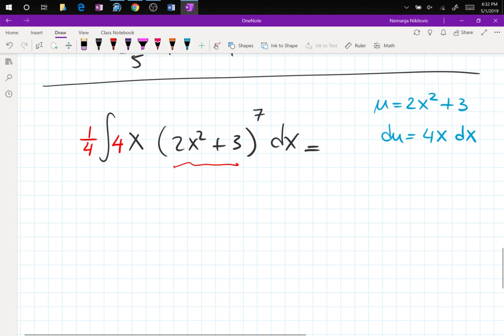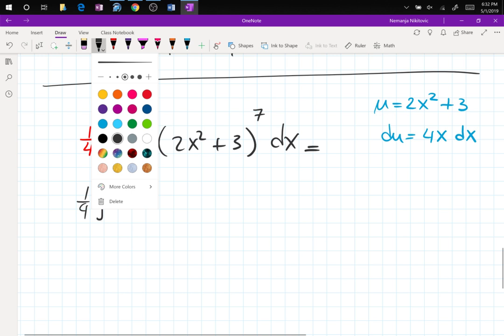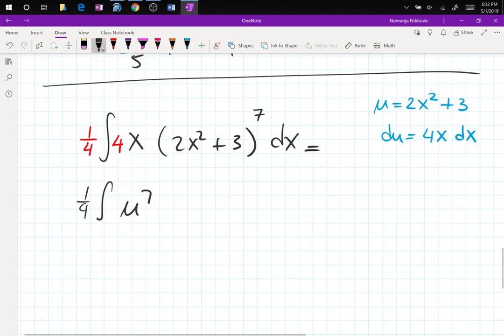When you take the derivative, that dictates that this 4 has to be there. And then you add the 4 that you need, and then you balance it on the outside with another 4. So now this becomes 1/4 integral. The parenthesis is u to the 7, and the orange stuff over here is going to be just du.